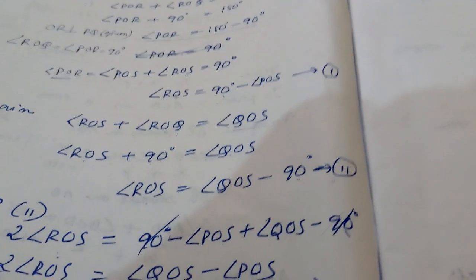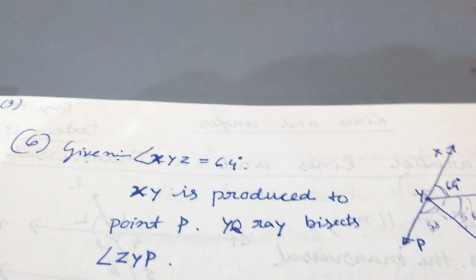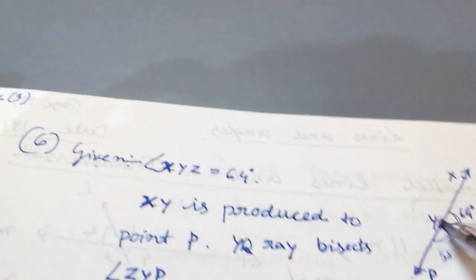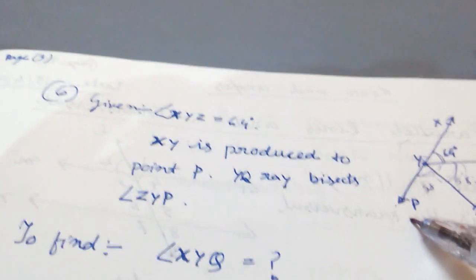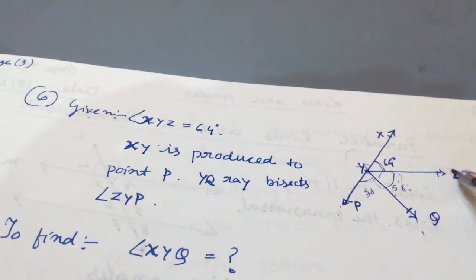Next, number 6. You draw the figure like this and prove. Here given that XYZ is equal to 64. XY is produced to a point P. YQ bisects ZYP.